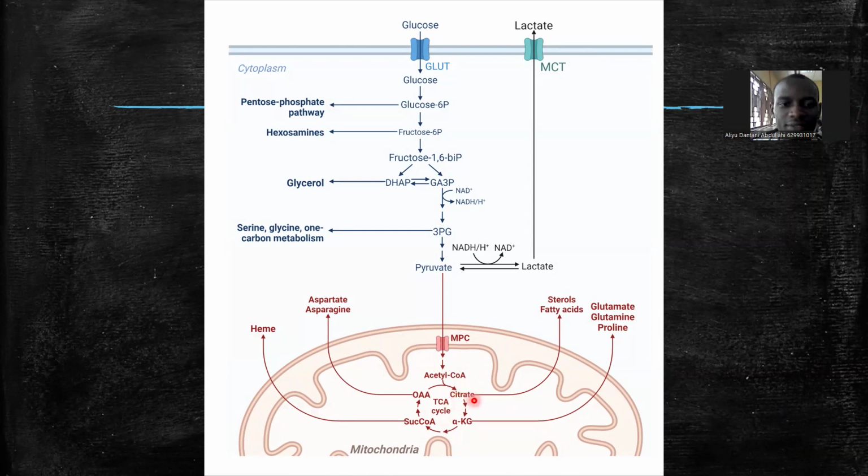Citrate here is citric acid, right? Now, this citric acid goes into a cascade of reactions to produce ATP and NADH, which goes into the electron transport chain in the mitochondria and generates more energy currency, ATP, and byproducts CO2 and H2O, basically not electrons. I'm sorry about that. Okay.